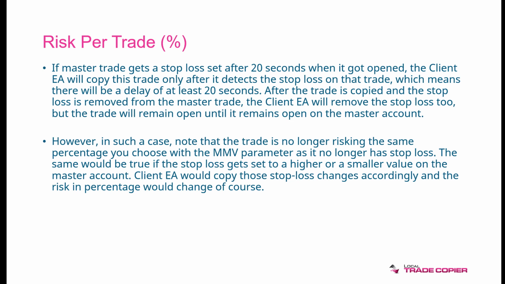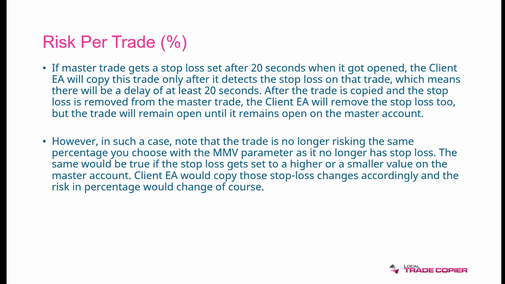After the trade is copied, if the stop loss is removed from the master trade, the client EA will remove the stop loss too, but the trade will obviously remain open as long as it remains open on the master account. In such a case, it's important to note that the trade is no longer risking the same percentage you chose with the MMV parameter, as it no longer has a stop loss.